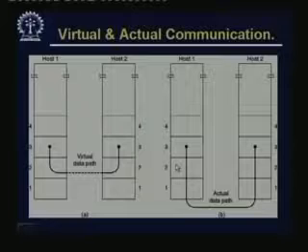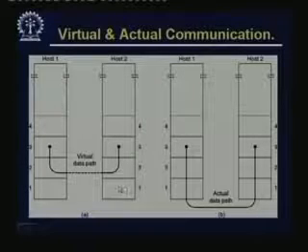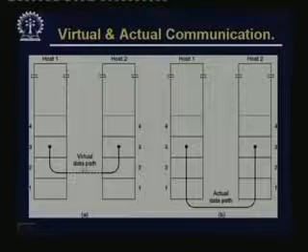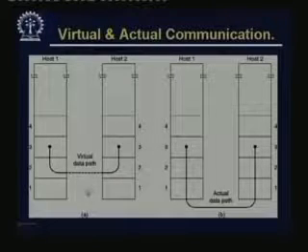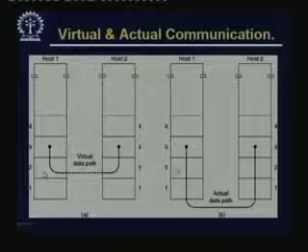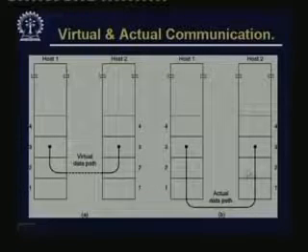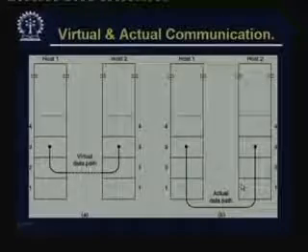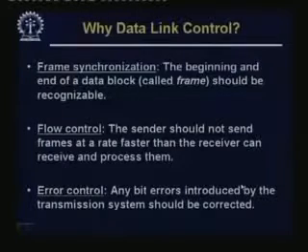Actually, this is another way of looking at it, because there is a virtual data path from layer 3 to layer 3, but actually this goes through the data link layer, and this is the actual data path which goes through the physical layer and some physical transmission medium. Now, why do we require any kind of control in the data link?